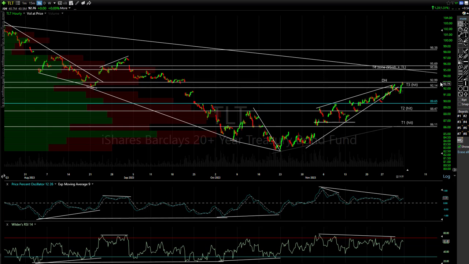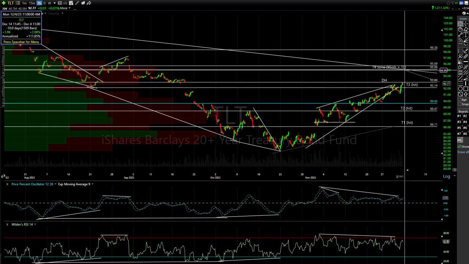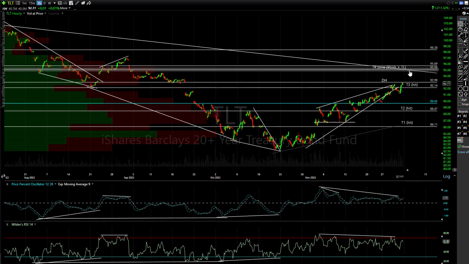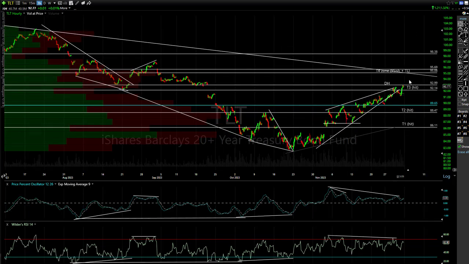Just to put in perspective, 93 is where we're at now, where that gap is, and to go up to T4 is only another 2% or so. That's a decent day, 2 decent days, or 1 really good day in TLT away. So with the divergence, I wouldn't bet on it. The RR to me is abysmal, to try to eke out 2% more when we could be hard down.